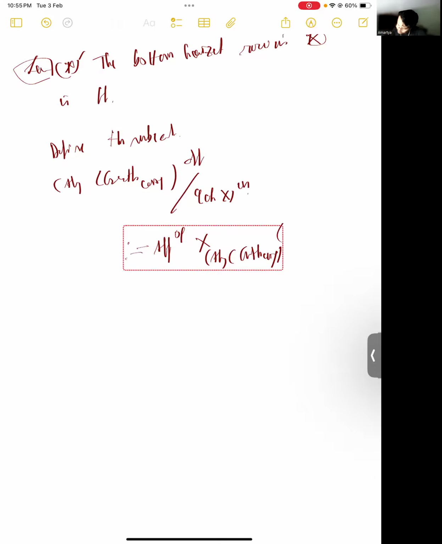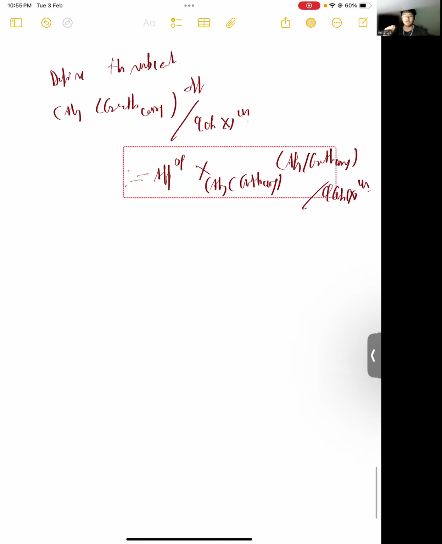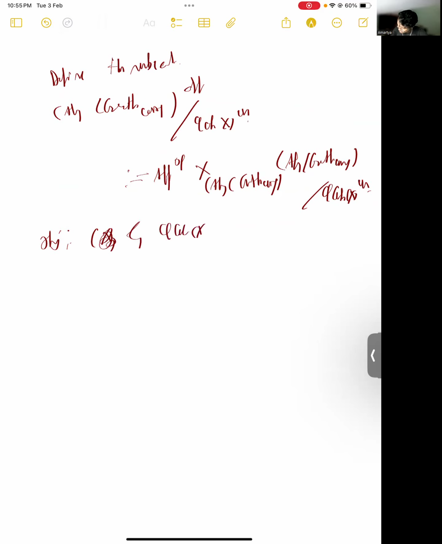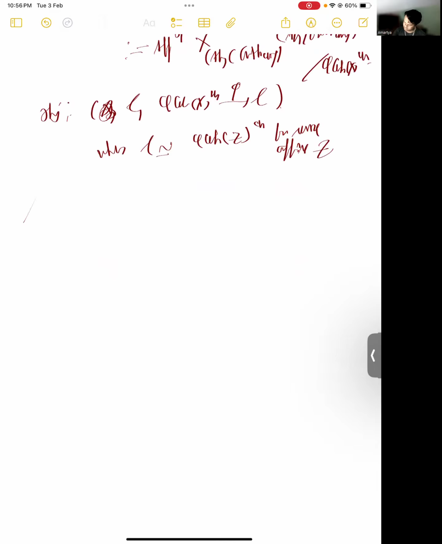And then you have CAlg Grothendieck-comp mod Q-comp C. For this category, the objects are pairs, let's say C and Q-comp CN to C, which we call phi, where C is equivalent to some Q-comp Z CN for some affine Z. That's what it means. So then lemma.